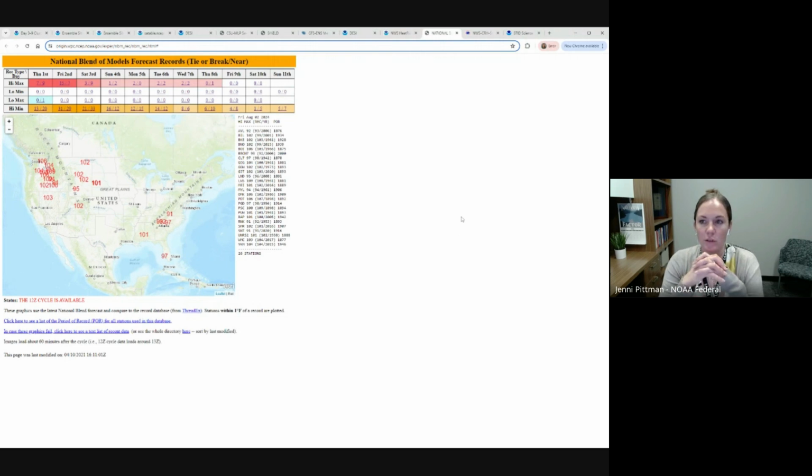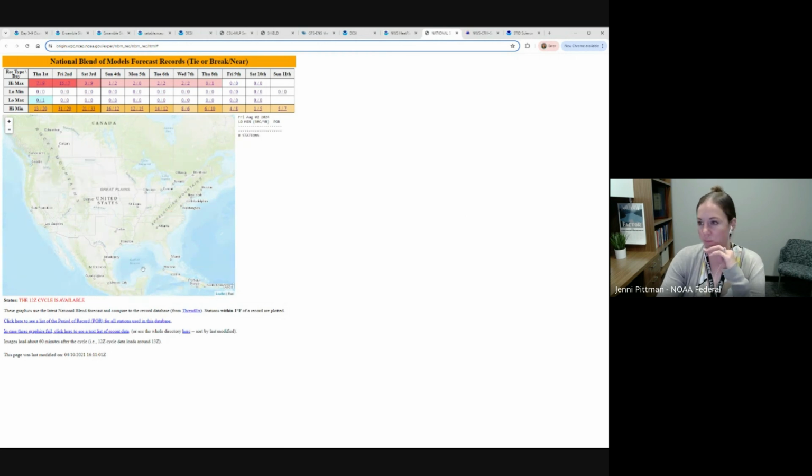And then one last one to look at, the National Blended Models forecast records, just a good way of paging through to see, compared to climatology, compared to the past, how does this line up? And you can see if there's a possibility for some records to be broken, which would be a messaging opportunity and also gives you that historical and climatological perspective.